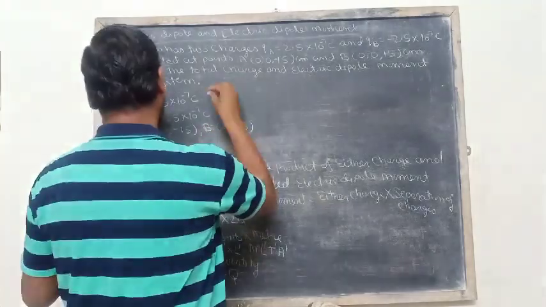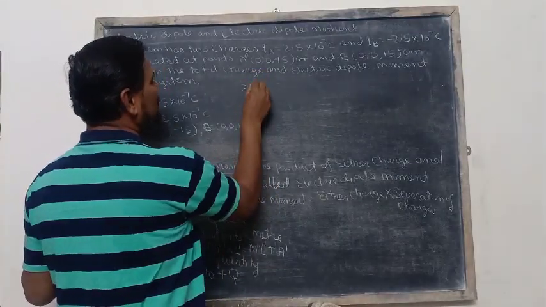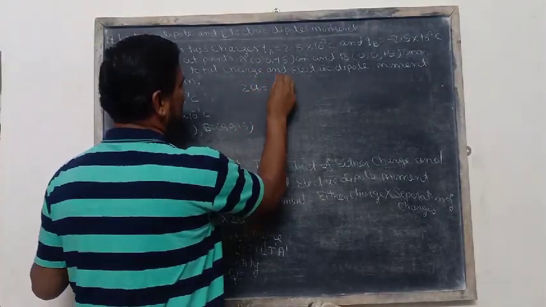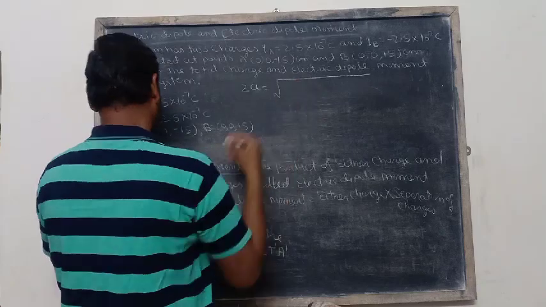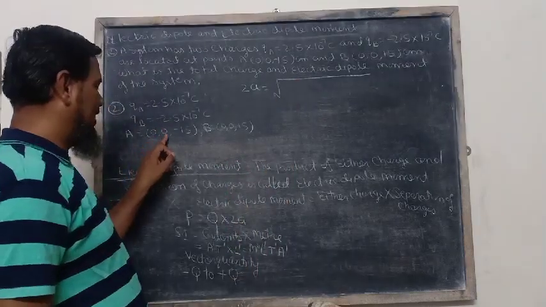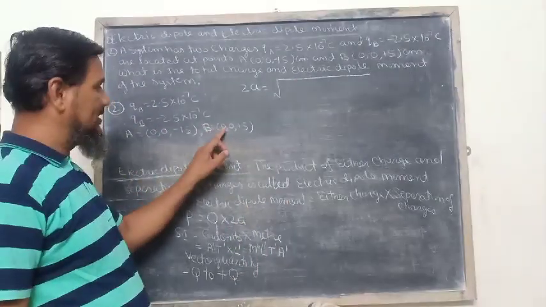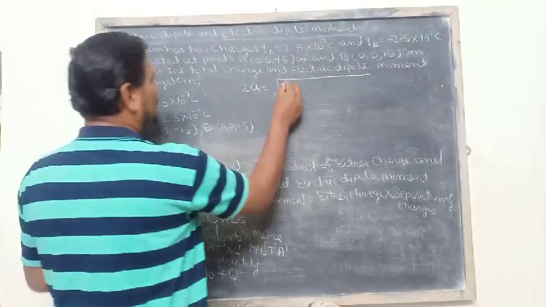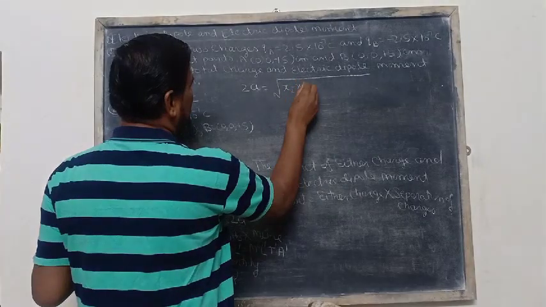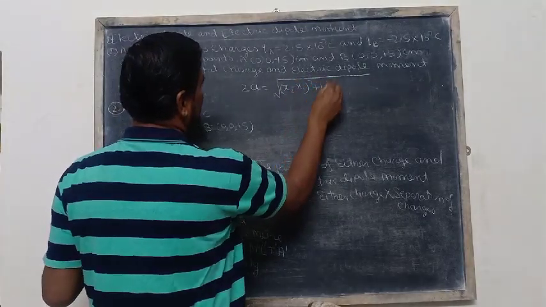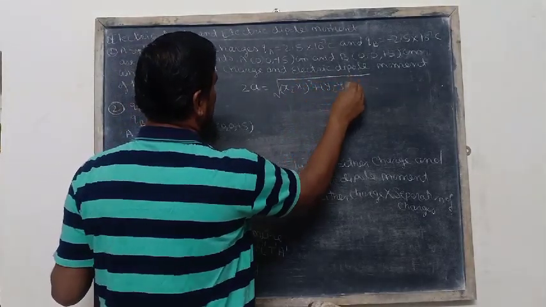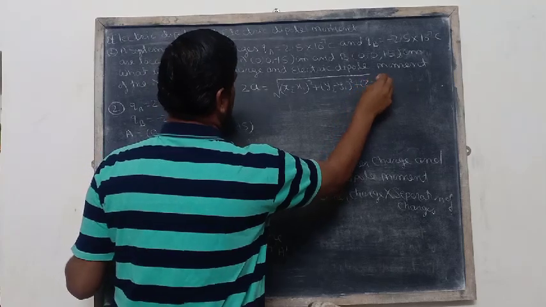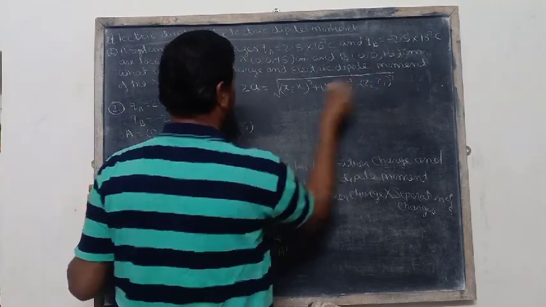If we calculate the separation 2A, with coordinates x1, y1, z1 and x2, y2, z2, then according to the formula, the square root of x2 minus x1 whole square plus y2 minus y1 whole square plus z2 minus z1 whole square.